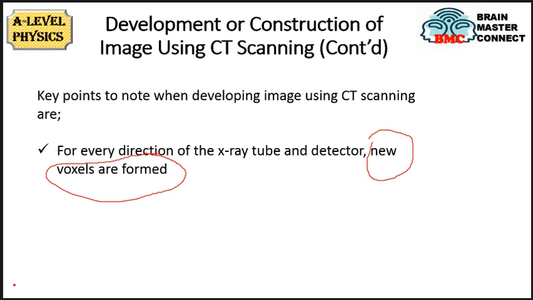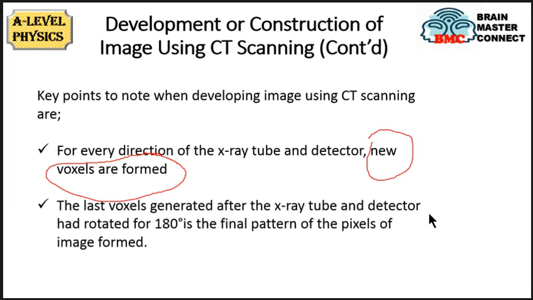Then number two, the last Voxels generated after the X-ray tube and detector have rotated for 180 degrees is the final pattern of the pixels of the image formed. Let me say that again: the last Voxels generated after the X-ray tube and detector have rotated for 180 degrees is the final pattern of the pixels of the image formed.